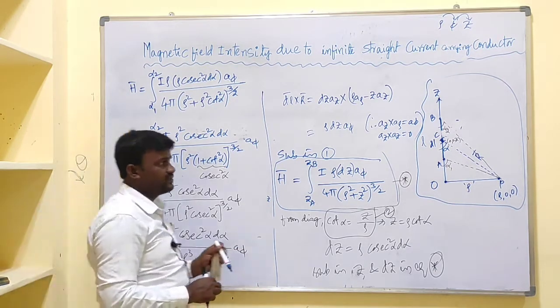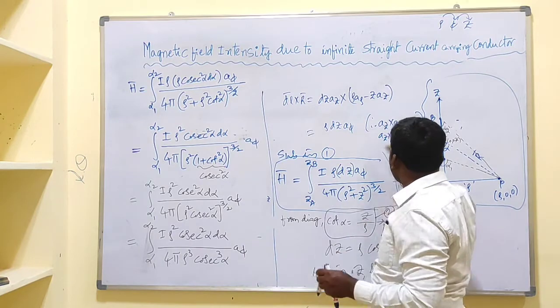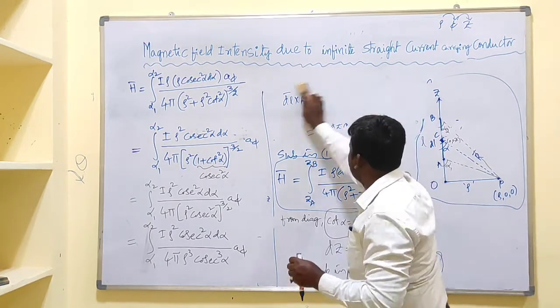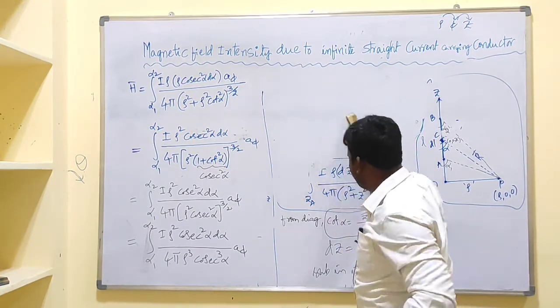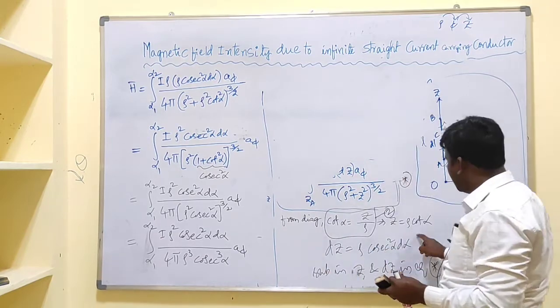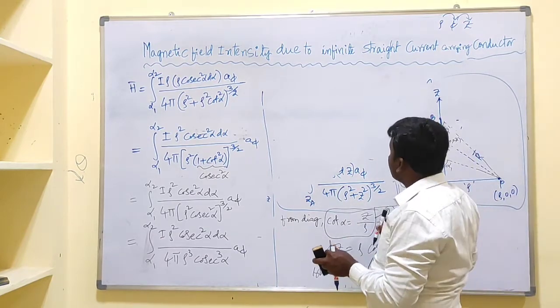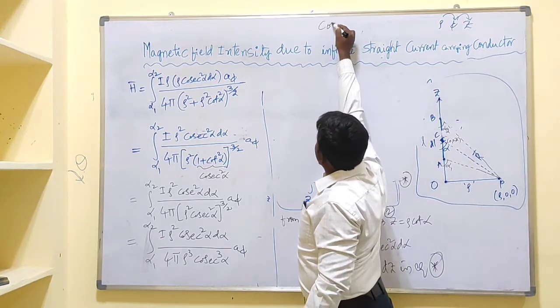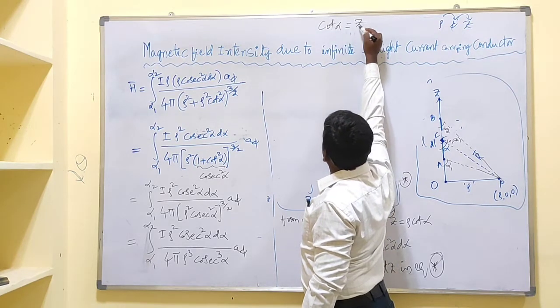Now let us simplify this. Remember one thing, here we require cot alpha, that is equation 2. Please write down here itself, cot alpha equal to z by rho.